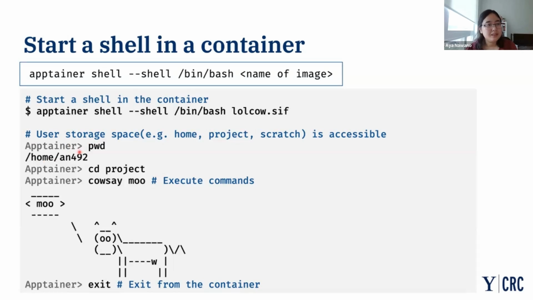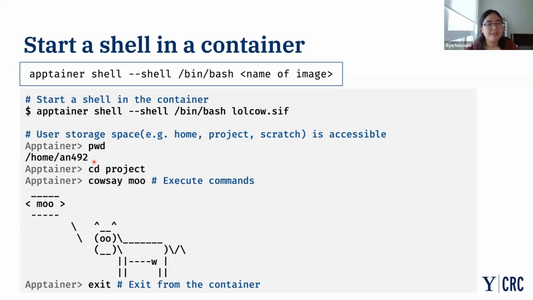Once inside the container, you can run Linux commands. An important thing to note is that your user space, such as home, project, and scratch, is accessible within the container. For example, if I type pwd within this container, it shows me that I am in the home directory.